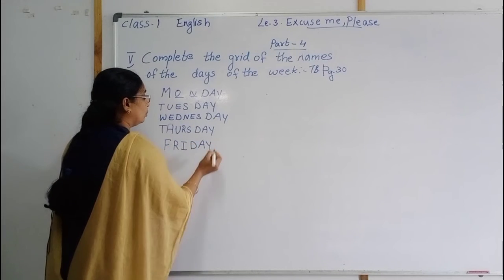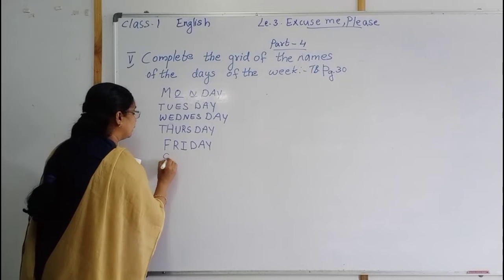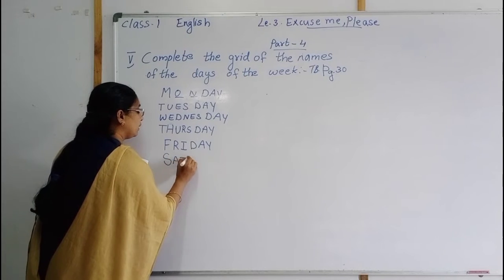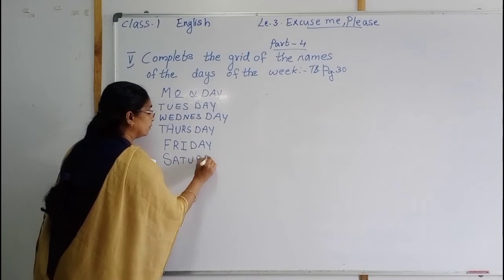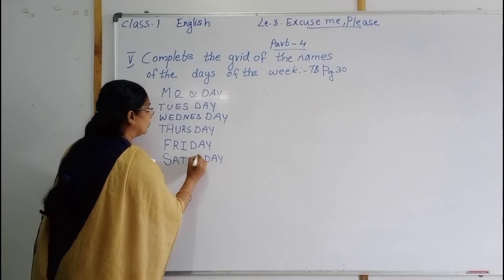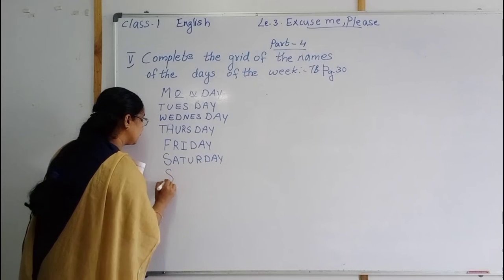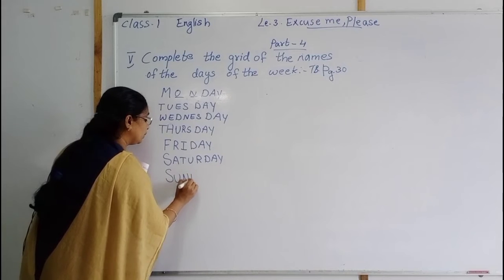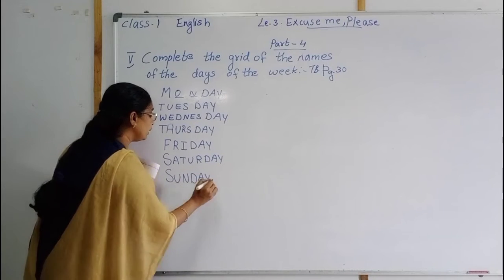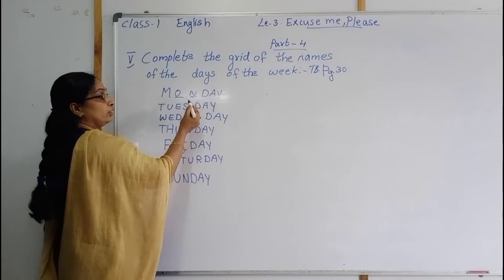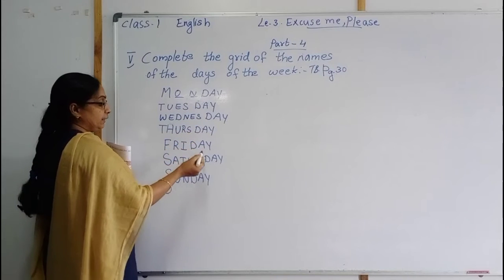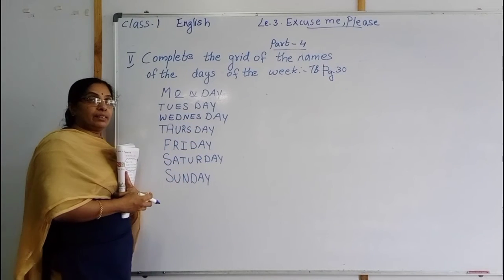Friday. Saturday. Then last one is Sunday. Sunday. 1, 2, 3, 4, 5, 6, 7. 7 days are there in a week.